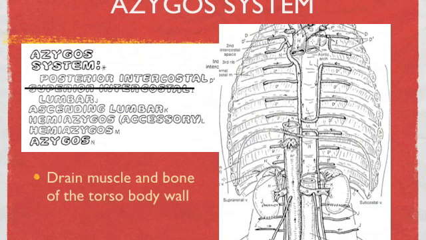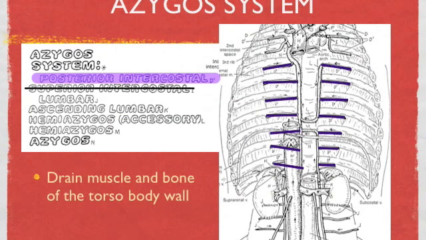It's there to handle some of the upper ribs, but we just want to focus on the main part of it here. And that is all these little posterior intercostal veins. Any oxygenated blood that was given to the intercostal muscles or the ribs is circulating back into systemic venous circulation through these little tubes.